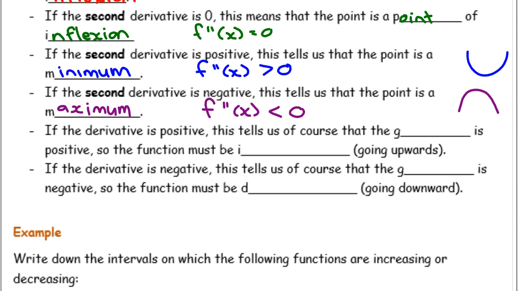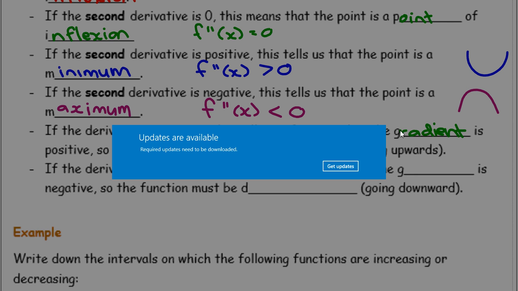If the first derivative is positive, this tells us, of course, that the gradient is positive.